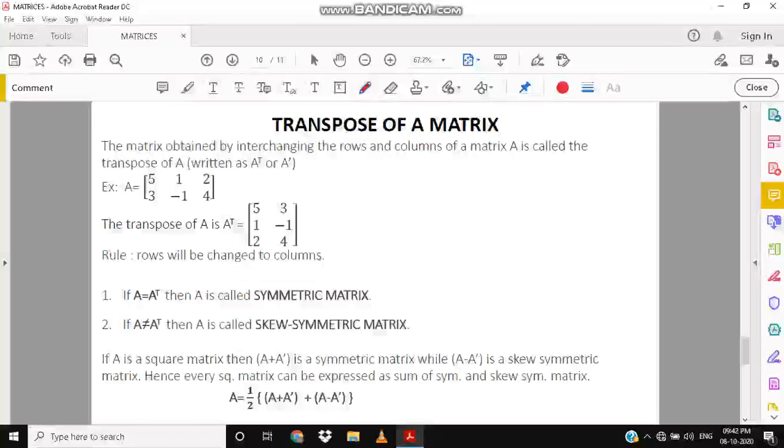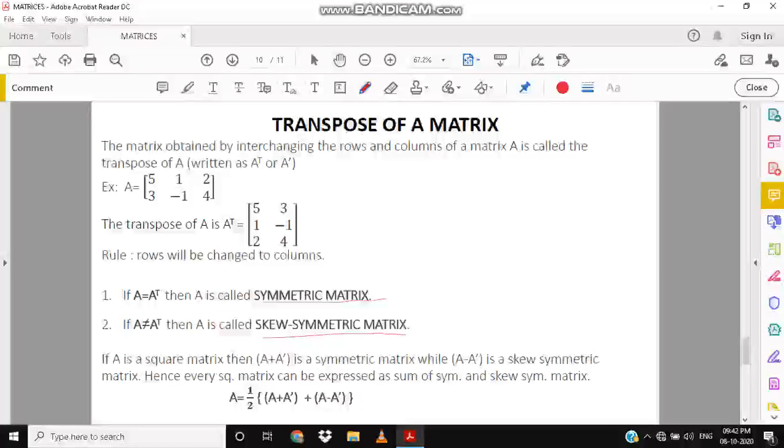Now there are two new matrices which we will be learning, that is a symmetric matrix and a skew symmetric matrix. What is a symmetric matrix? A symmetric matrix is a matrix that after transposing, we get the same matrix as the original matrix.